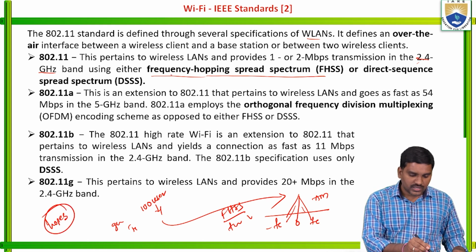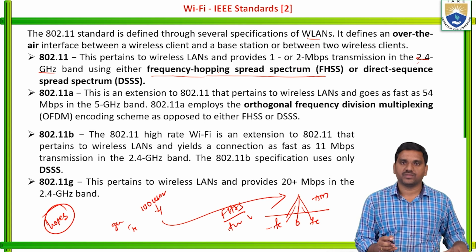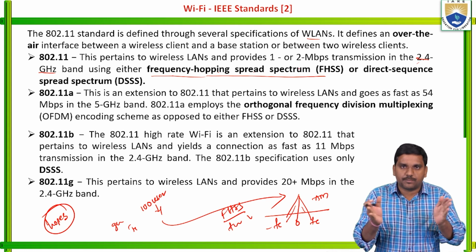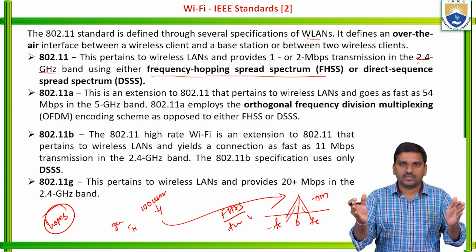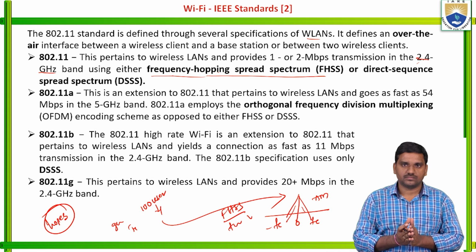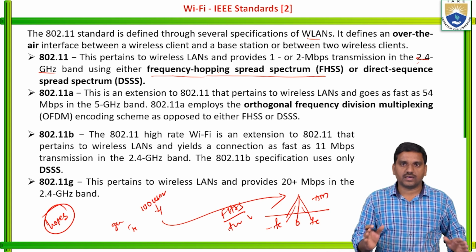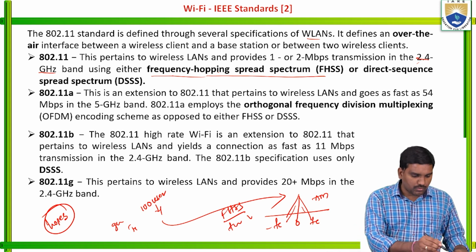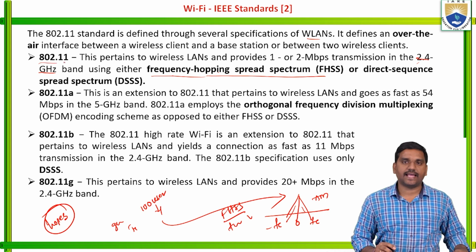That's why it is called frequency hopping spread spectrum. When you spread the spectrum as per our requirement, the number of available users within the spectrum increases. So this is about the first standard, 802.11.